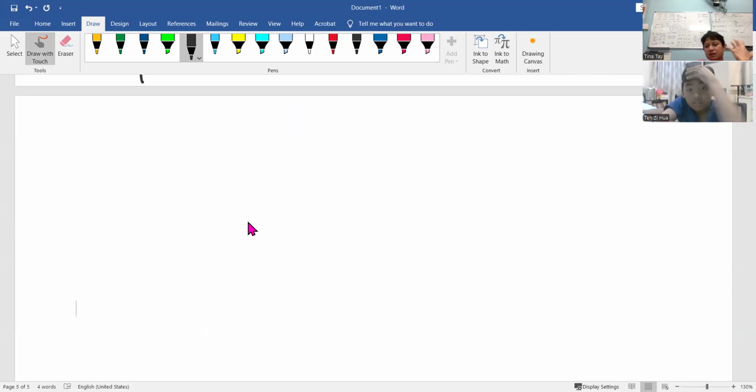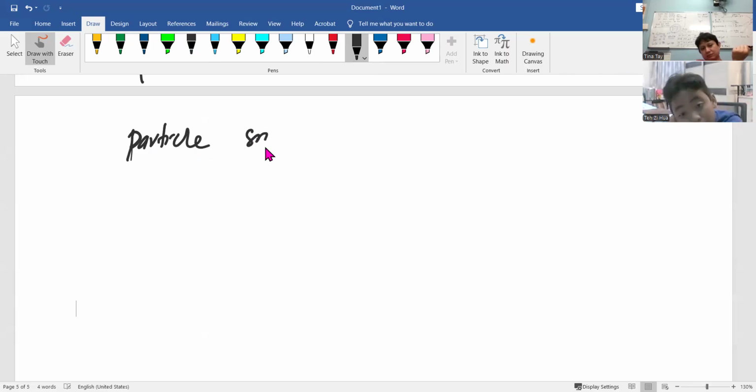Now, the next one is surface particle size. Like I told you just now, when there is powder and there is pieces, which one is faster?